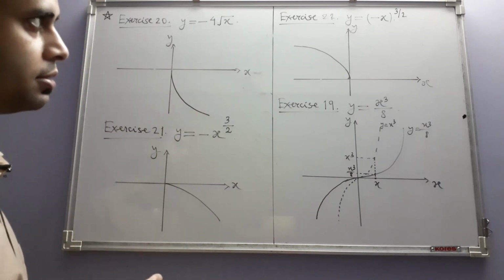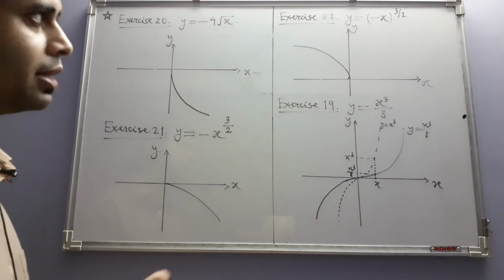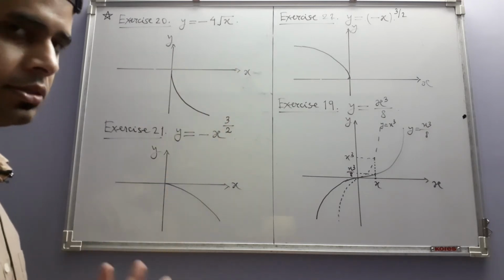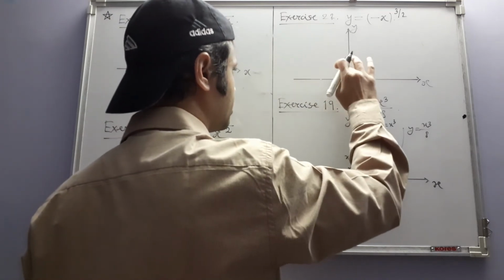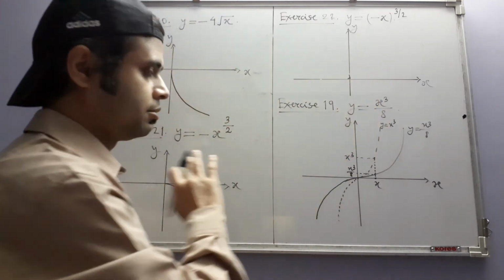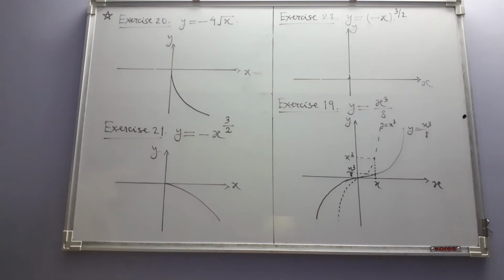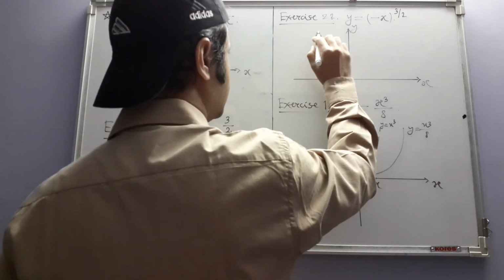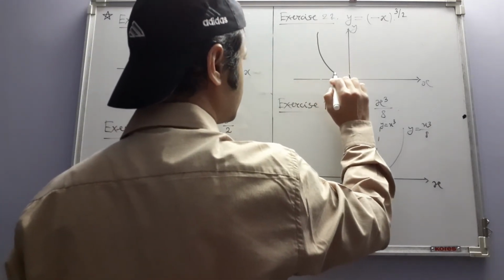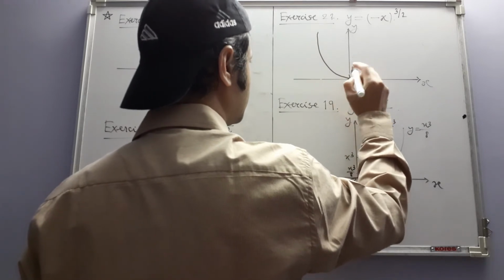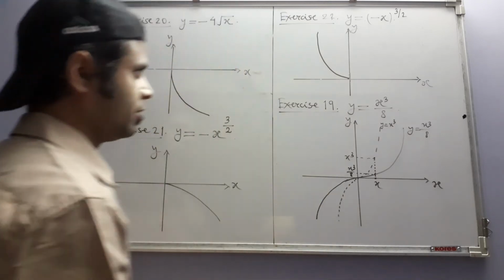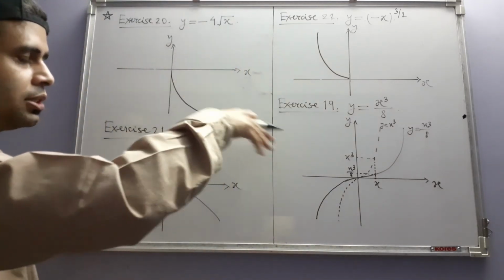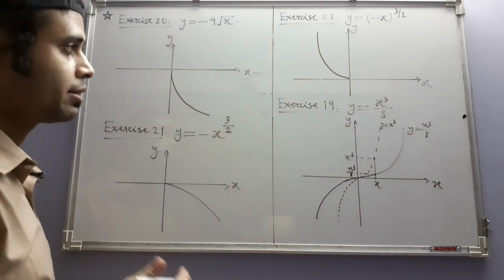X either is 0 or it has to be negative, so that the number minus x is non-negative. So the graph will lie to the left of the y-axis, and it's like this. It looks like the graph of y equal to x square, but there are differences. It will pass through its own points through which it is supposed to pass.